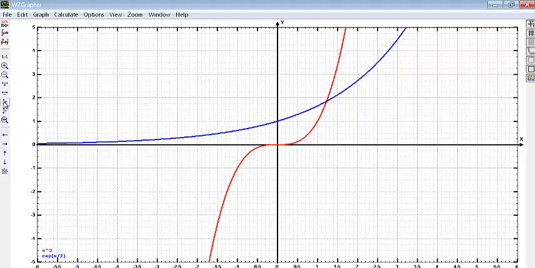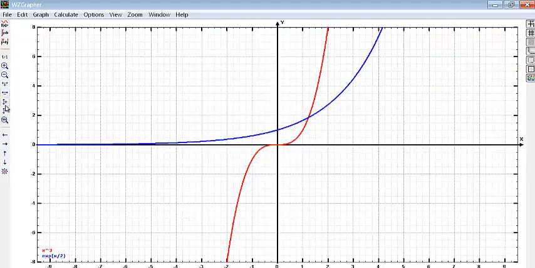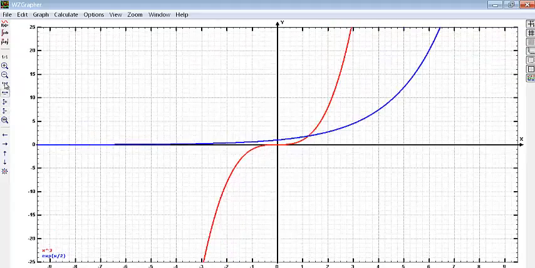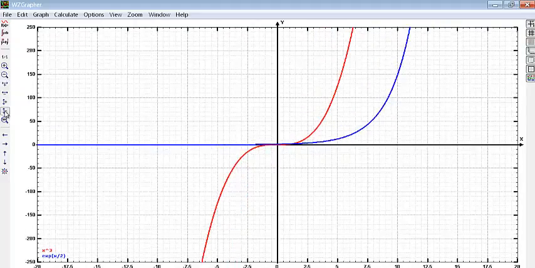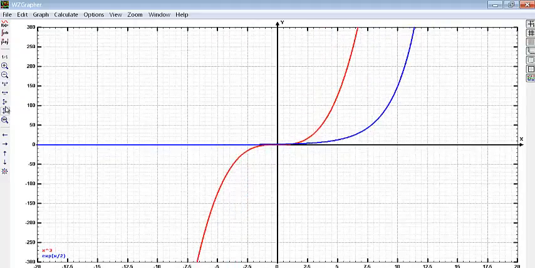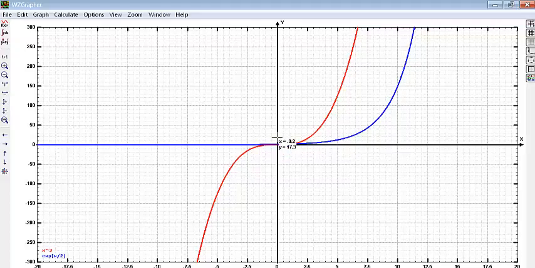But if we zoom out enough, actually, that's going to stay the same, right? Oh, no, it's not.